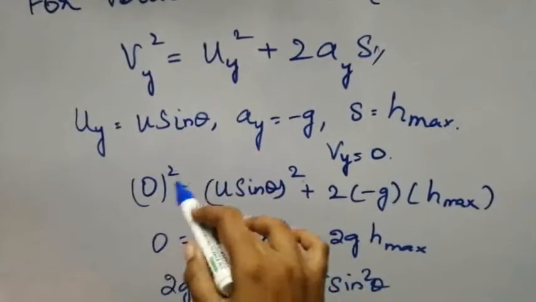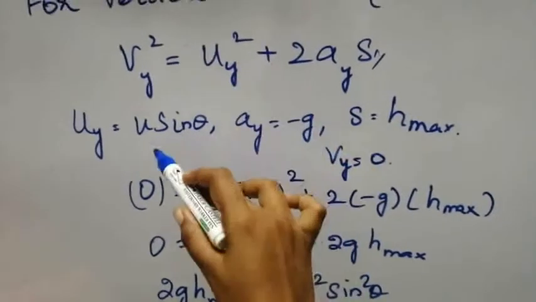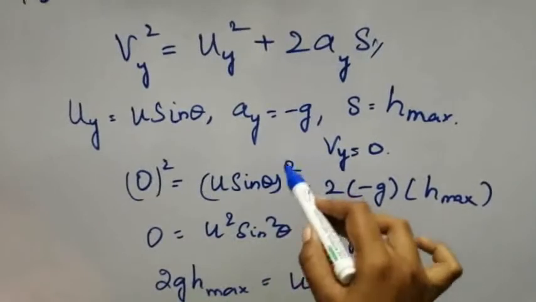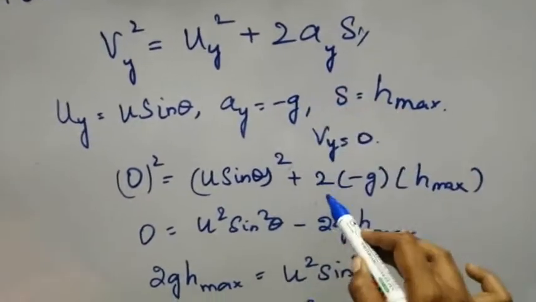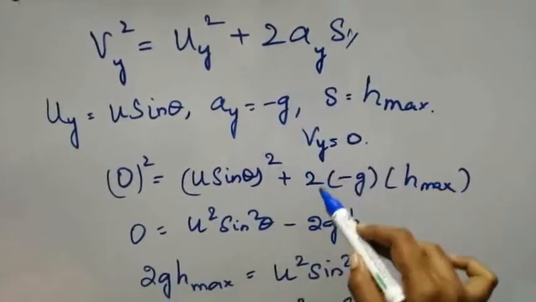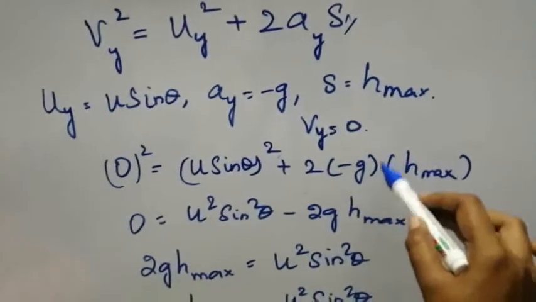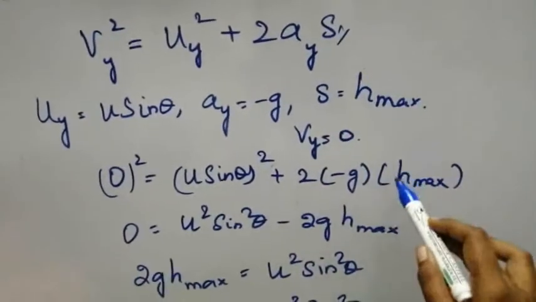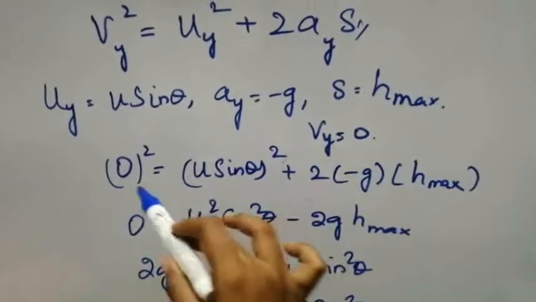So when you substitute, vy is 0, so 0 square is equal to, instead of uy, u sin theta whole square plus 2, ay value is minus g, so 2 into minus g into s, which is h max. 0 square is 0.